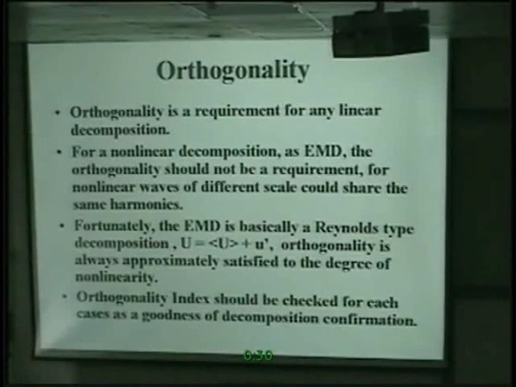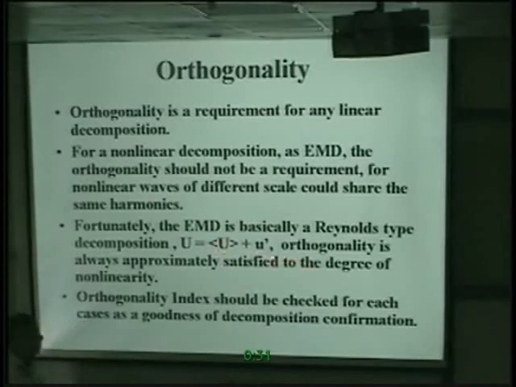Reynolds type is used when we study turbulence. Turbulence velocity fluctuates up and down all over the place. How do you study that? You decompose your velocity into two components: a constant mean plus a fluctuation. By definition, the mean is a constant.